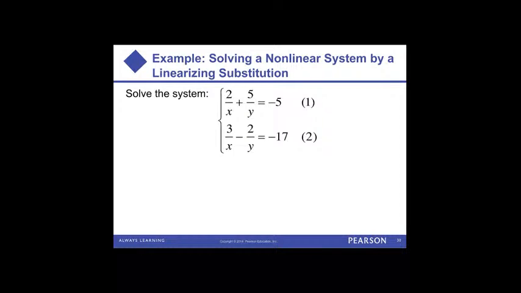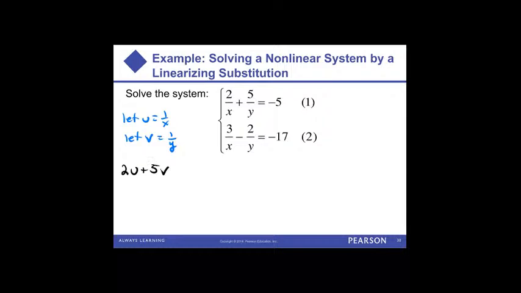So now with this one, I call this technique U substitution, right? We're going to do the following. So we're going to say let U equal 1 over X and let V equal 1 over Y. So then if we make those changes, this equation is going to transform into 2u plus 5v equals negative 5.